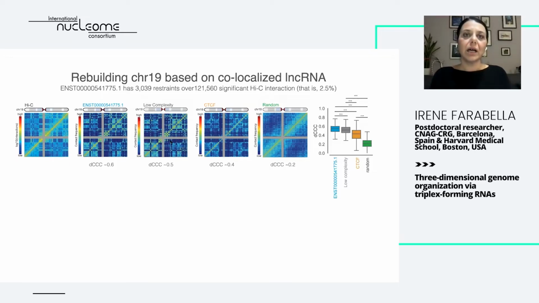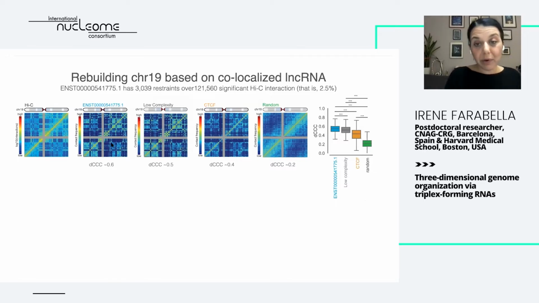It was interesting for us to see that although in this simulation we are using almost 6 times more restraints, we cannot achieve a good reconstruction as we do with the simulation driven by the long non-coding RNA.